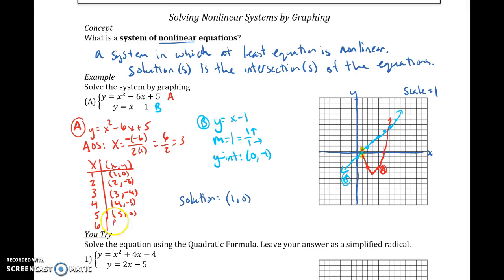When I do plug that in, it actually works out to be (6, 5). And there is that second intersection. So we also have a solution at (6, 5). Again, if it looks like it's going to hit, double check by plugging it in. Always plug in to check.